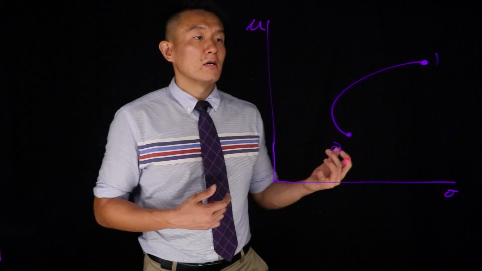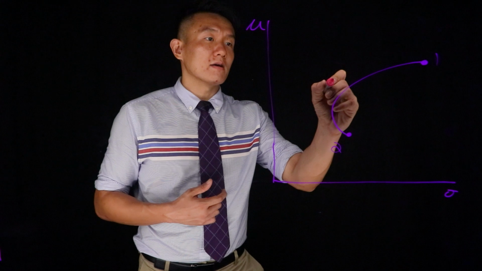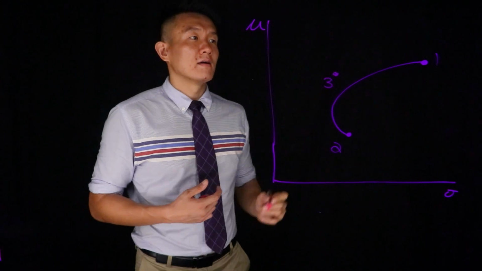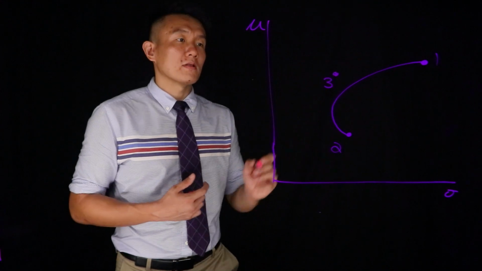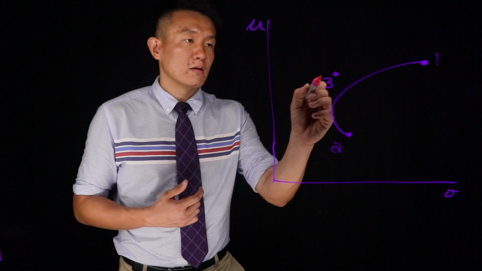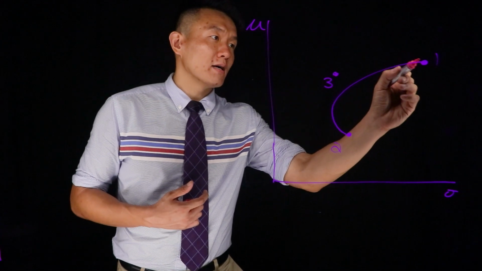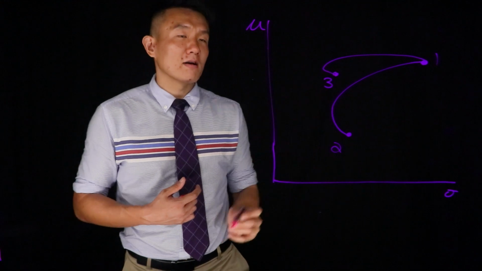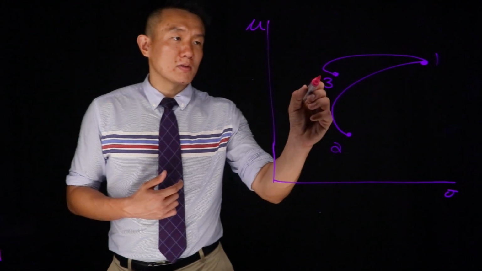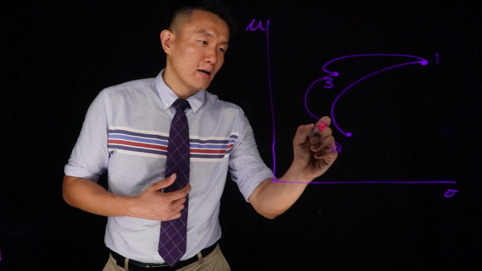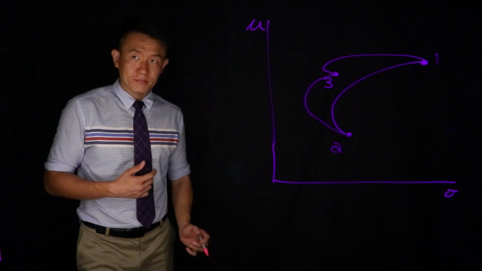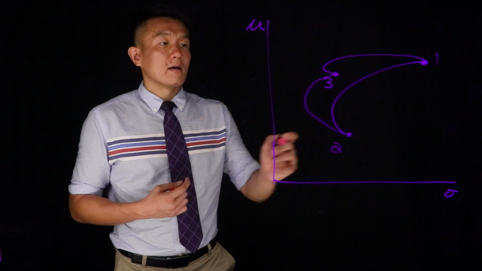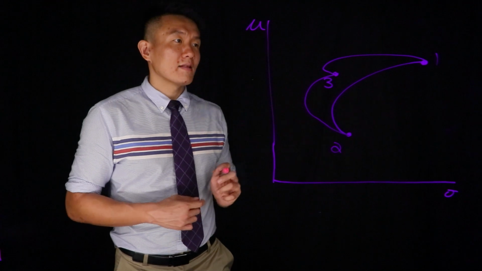Let's imagine we had a stock that was here, stock 3. And so, well, if I think about the portfolios between stock 1 and stock 3, I would get a portfolio curve that looked like that. And then if I thought about the portfolios between stock 2 and stock 3, I would get a portfolio curve that looked like that.